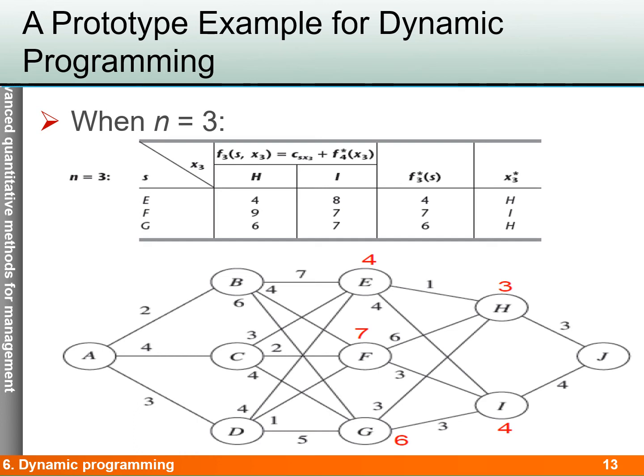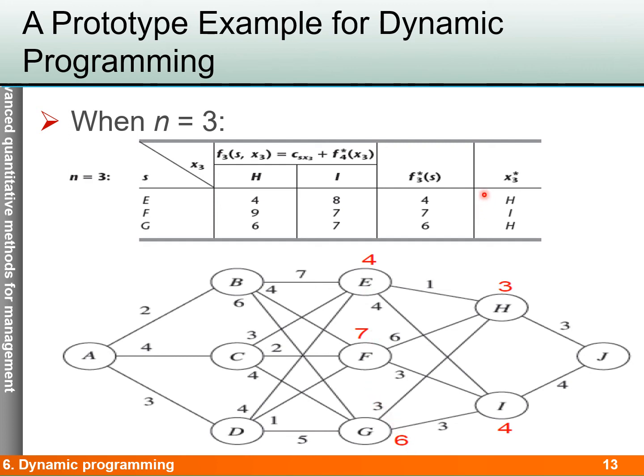So between H and I, between 4 and 8, which one is minimum? 4. Between 9 and 7, which one is minimum? 7. Between 6 and 7, which one is minimum? 6. So we have this minimum cost in this stage: 4, 7, and 6.